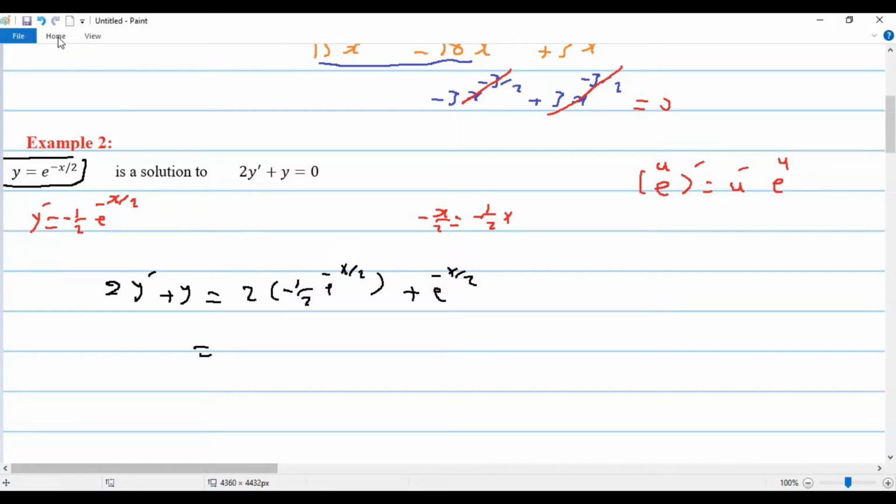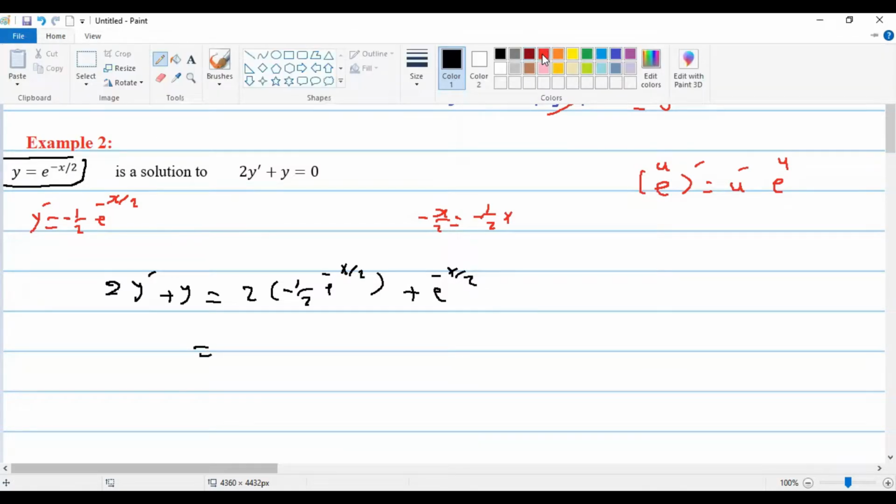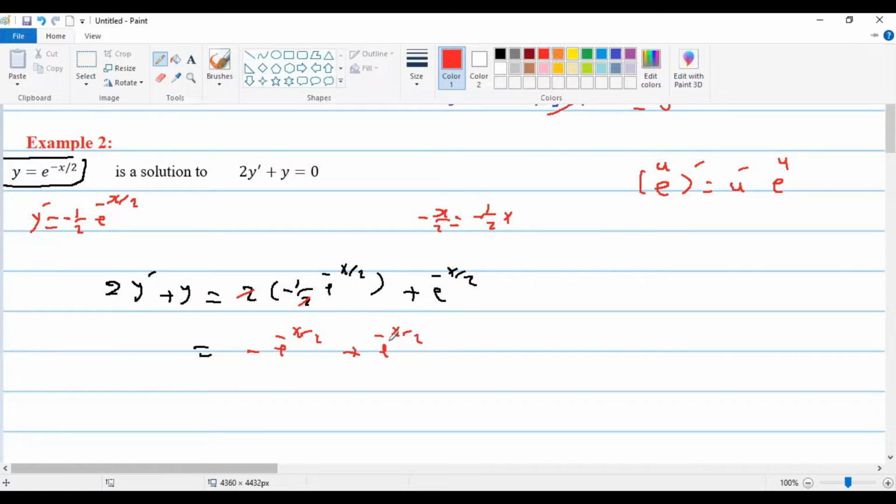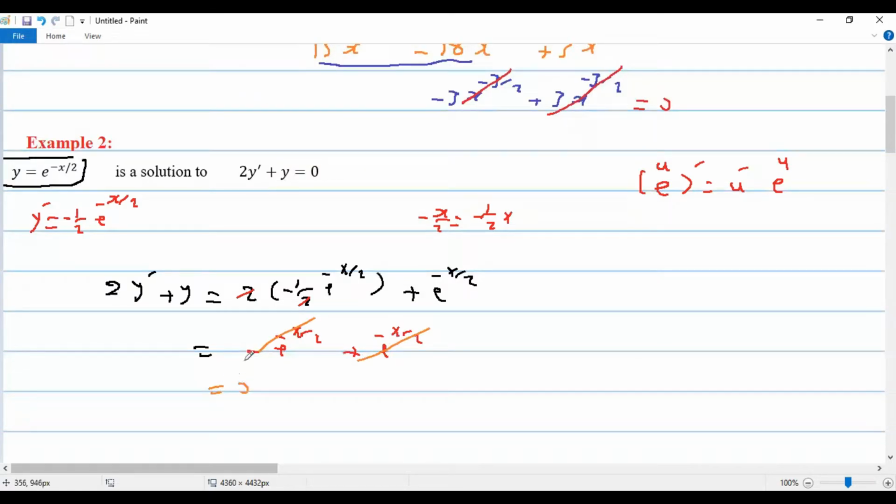Now here, we have 2 times negative half, which is negative 1. So the answer is negative e to the negative x over 2 plus e to the negative x over 2, which is equal to 0. Very clear. This one and this one cancel to 0. So this is a solution of this differential equation, because it equals 0 when you substitute.